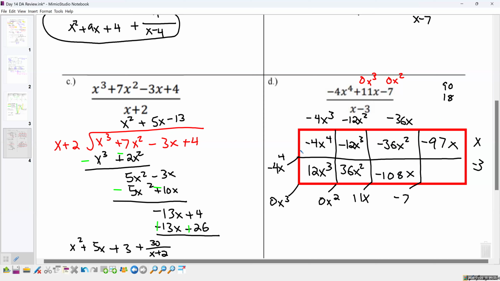What did I do? 30 times 3 is 90. 6 times 3 is 18. Add them together, it's negative 108. Hold on. I'm gonna double check. I'm gonna go grab a calculator and just double check it, because I don't want to have to do this problem twice.